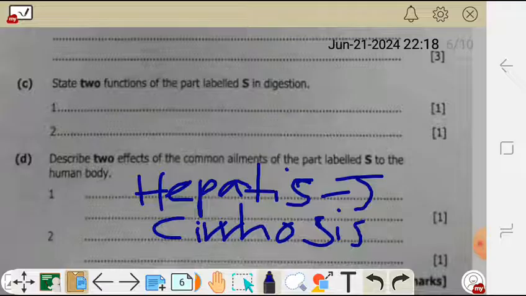So they are saying we describe 2 effects. So the effect here, we have jaundice. We can have jaundice, we can have you lack vitamins, because some of the vitamins like vitamin K are produced by the liver. So we are going to have lack of those in these conditions.